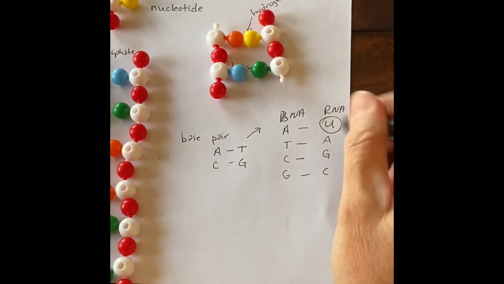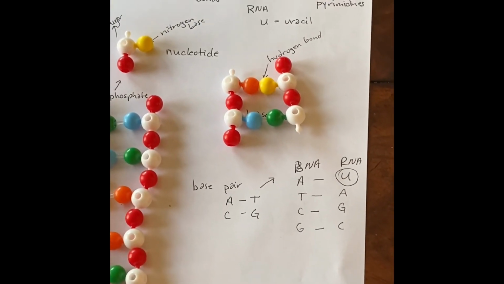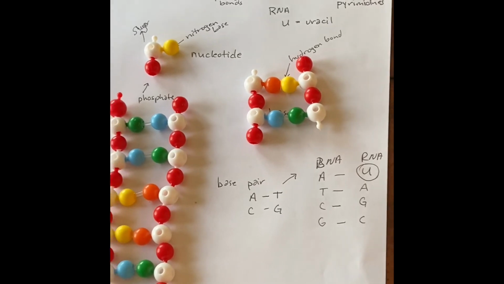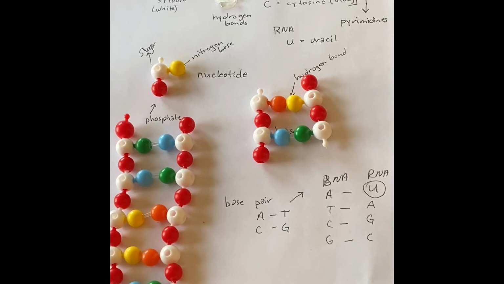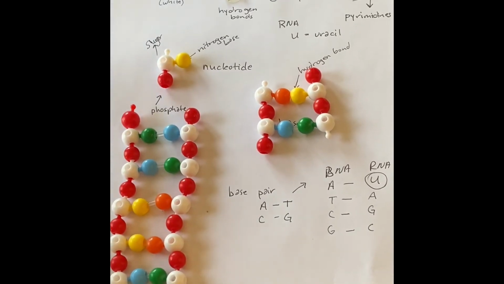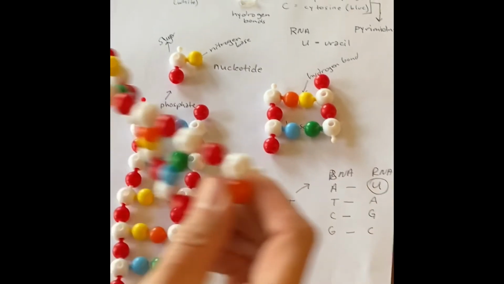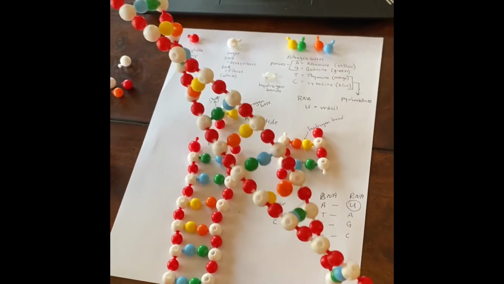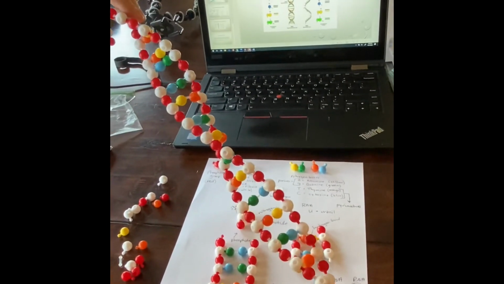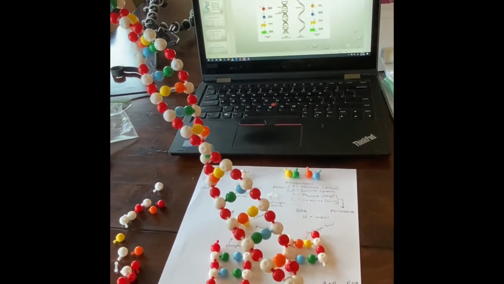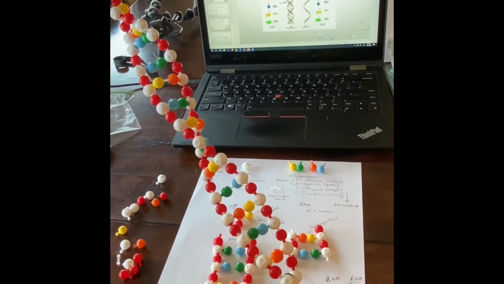And then what's not in the drawing here is the sugar's different too, without that oxygen there. So those are the comparisons of the structure of DNA. Now put that all together and twist it. The twist is the helix part. The double is the two strands, so there's the double helix of the DNA molecule.